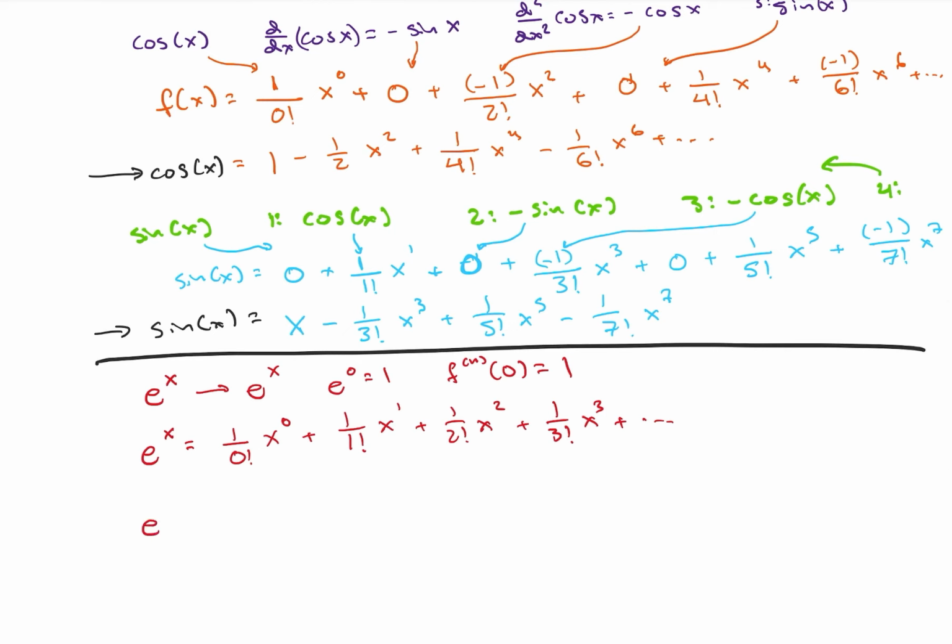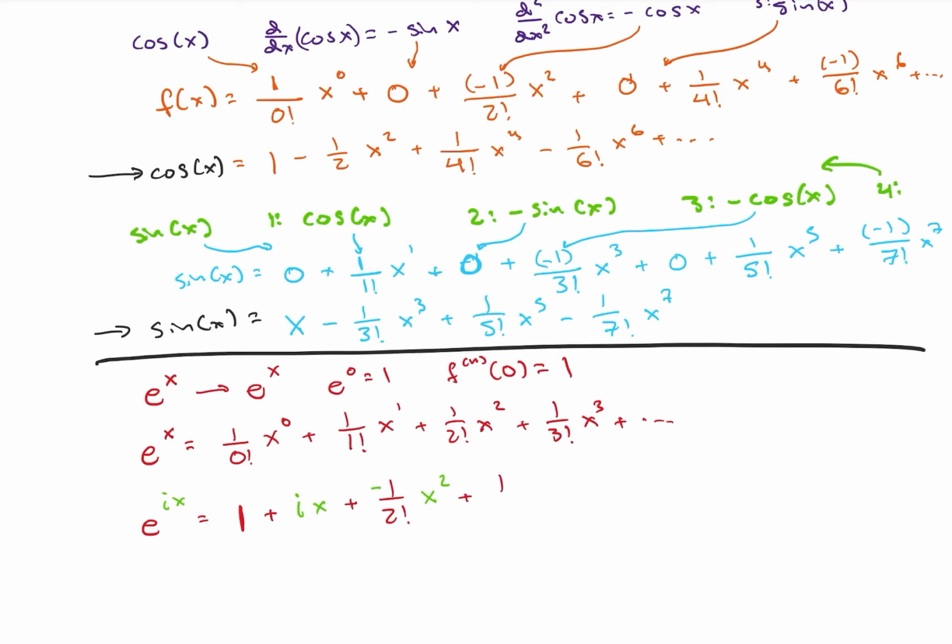Then e to the ix is equal to 1 plus 1 over 1 factorial times ix, plus 1 over 2 factorial times i squared x, so that's going to be x squared times negative 1, because i squared is negative 1.